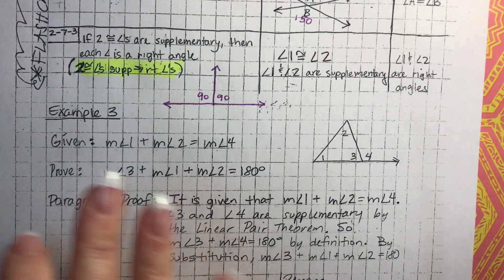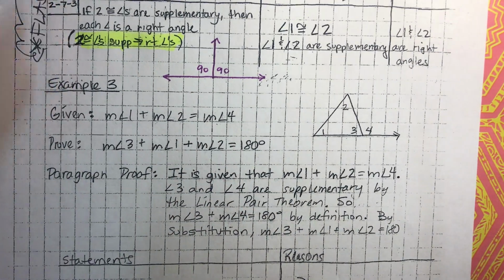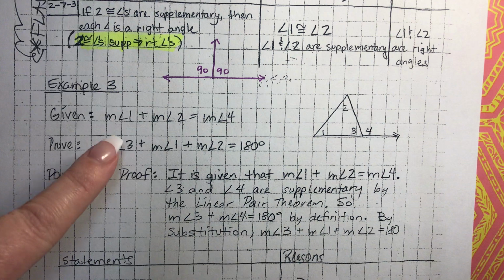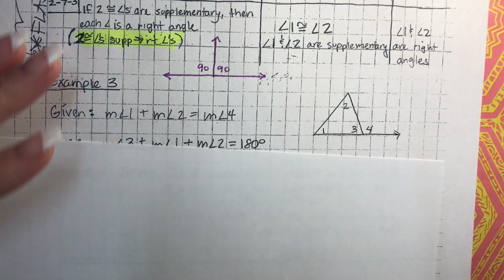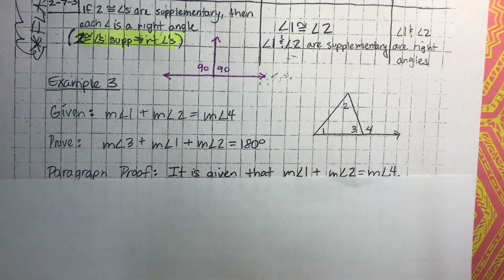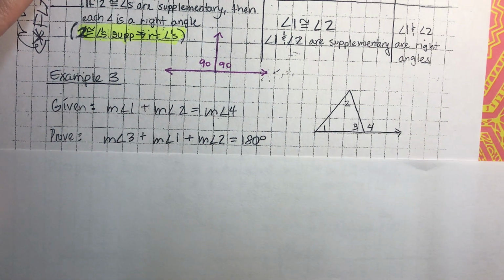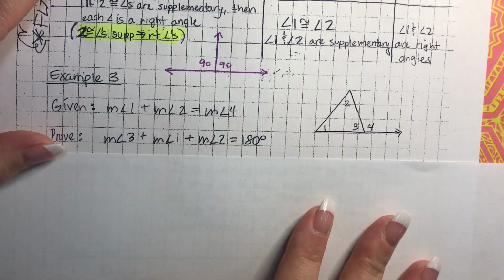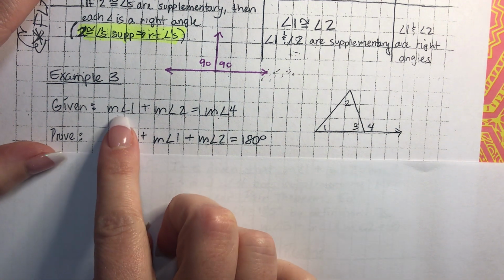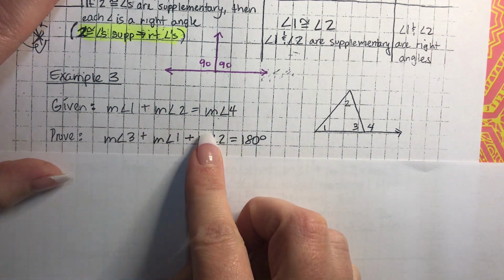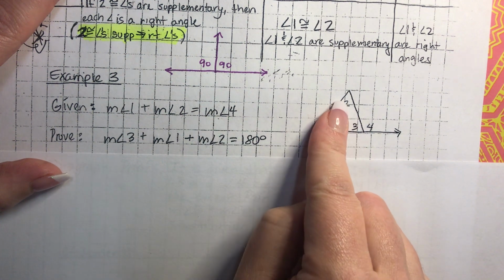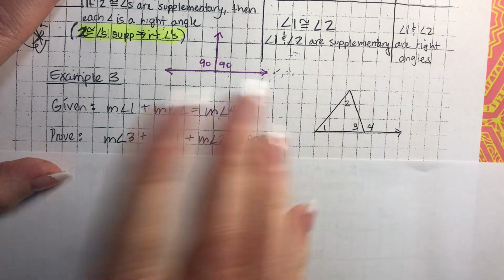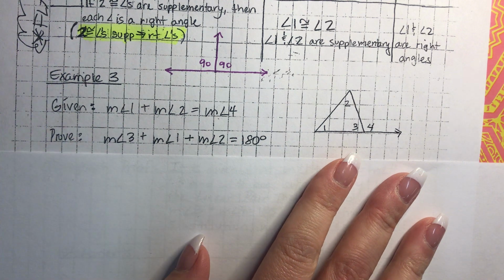All right, let's go ahead and look at our example for example 3. We're given this, we have to prove this, and here's the paragraph proof, but we're not going to look at that quite yet. We're just going to look at this information, and it's off of this picture here. It basically says the measure of angle 1 plus the measure of angle 2 equals the measure of angle 4. First, let's look at what we have.